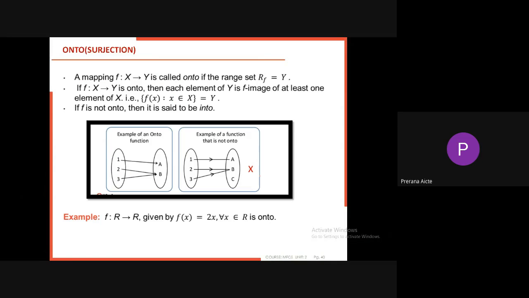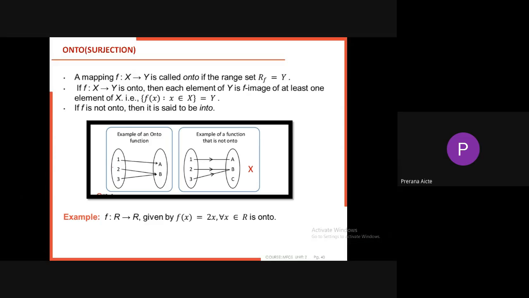Next one, the onto function. It is also called a surjection function. If each element of Y is the image of at least one element from set X, then I can say that it is an onto function. Simply, every element of the second set should be mapped with at least one element from the first set.